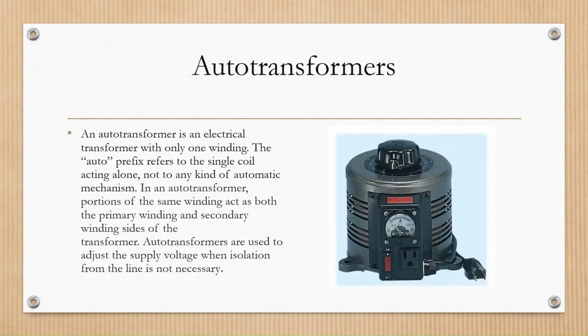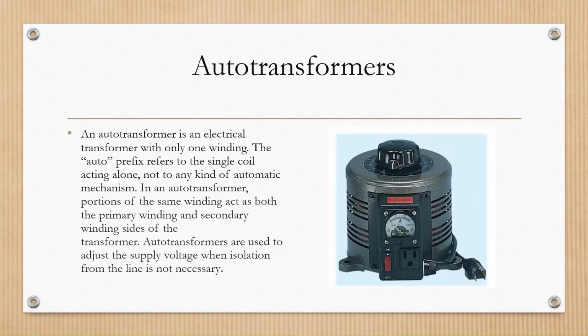An autotransformer is an electrical transformer with only one winding. The auto prefix refers to the single coil acting alone, not to any kind of automatic mechanism. In an autotransformer, portions of the same winding act as both the primary winding and secondary winding sides of the transformer.